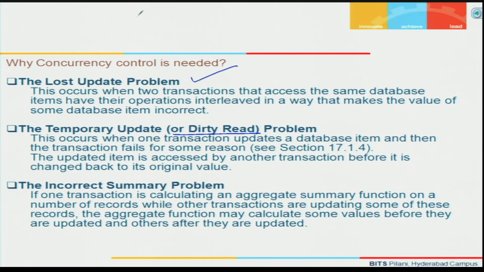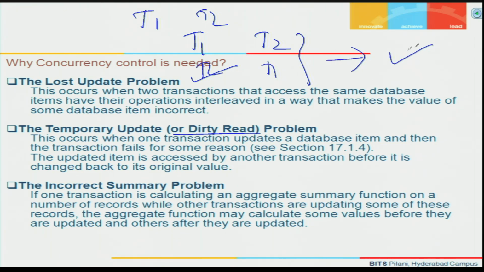If you have two transactions T1 and T2, the result when I execute T1 first and then T2, or T2 first and then T1, will always be a correct database state. Even if the instructions are executed in an interleaved fashion, if the final result of that concurrent schedule is the same as the serial schedule, then it is acceptable, because it will not create any problem with respect to concurrency, and at the same time we can increase the efficiency.